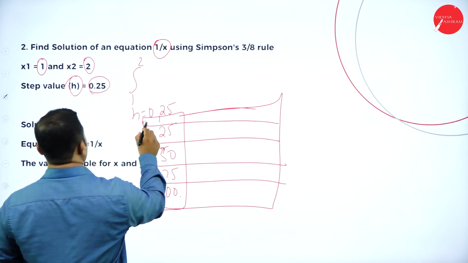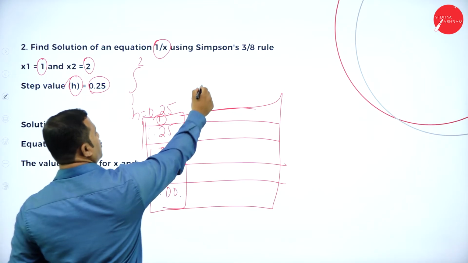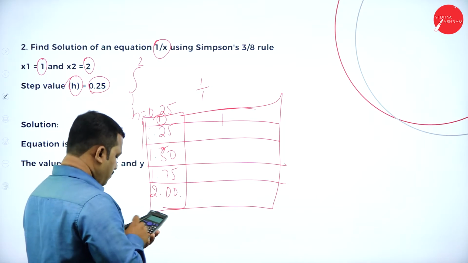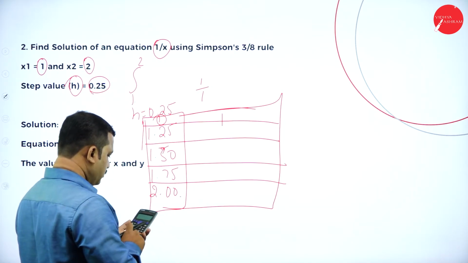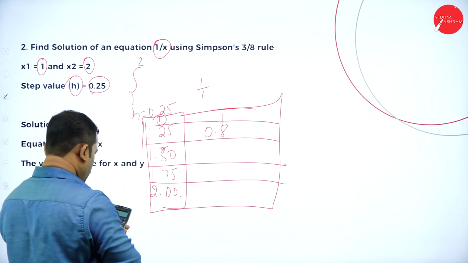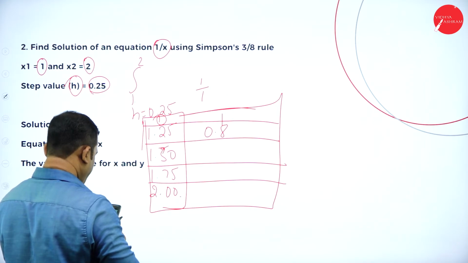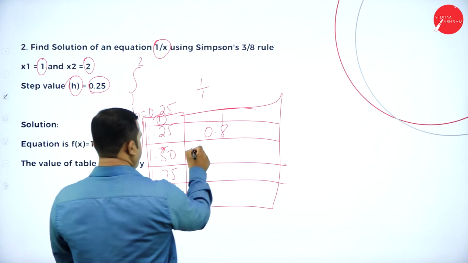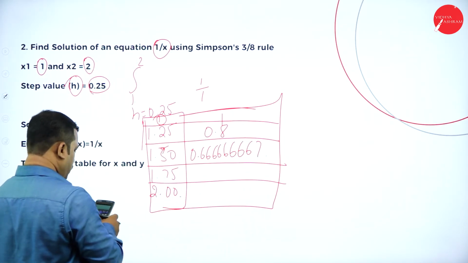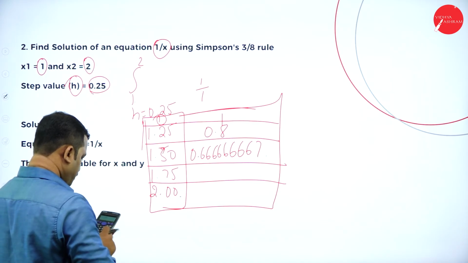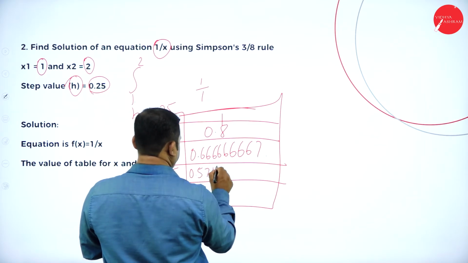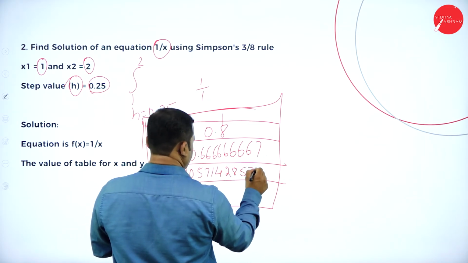What is the value of y when the value of x equal to 1? That is 1 by 1, we will be left with 1. What is 1 by 1.25? That is 4 by 5, which is equal to 0.8. 1 divided by 1.5 is equal to 2 by 3, which is equal to 0.6667. 1 by 1.75 is 4 by 7, which is equal to 0.5714285714.